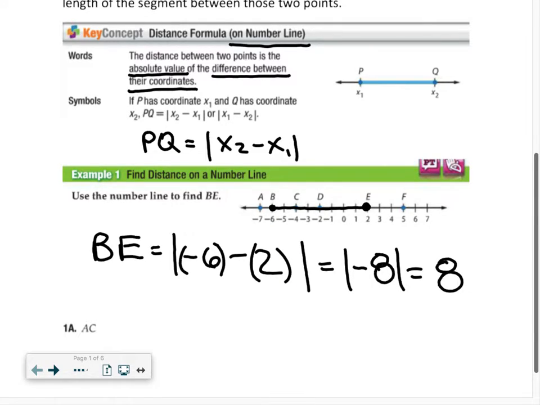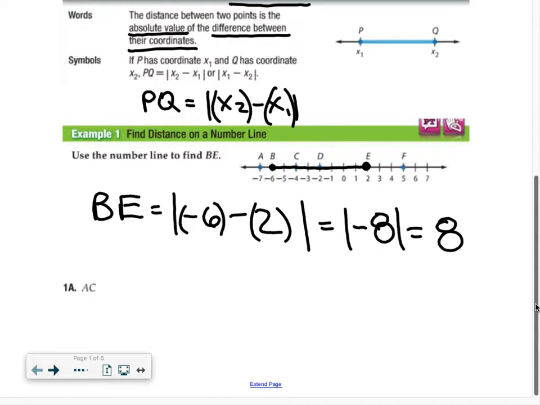So the distance between B and E is 8, of course, okay? Notice, guys, this is common that we've got to use parentheses when we're plugging in values. So when I plugged in -6 for x2, I used parentheses. When I plugged in +2 for x1, I used parentheses. They help us keep track of signs. So you should get comfortable doing that.